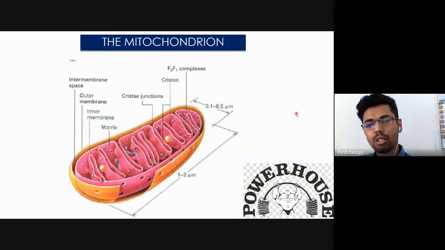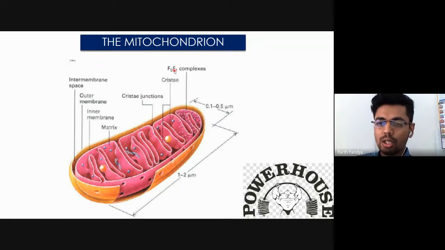A mitochondrion has an overall structure that is a double membrane system, with an outer membrane and an inner membrane, and in between we have the intermembrane space. So going from outside to inside: outer membrane, intermembrane space, and inner membrane, then come the foldings or septa-like junctions.